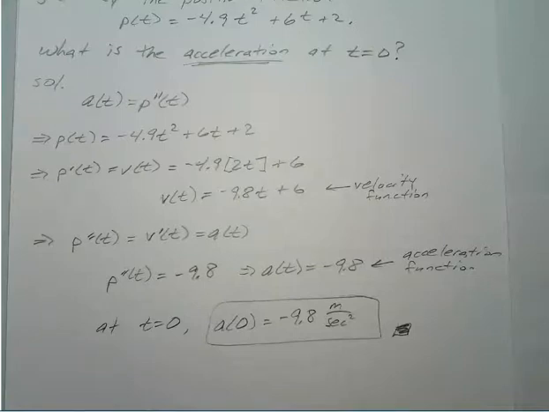So notice for velocity would be meters per second. For acceleration, meters per second squared. If you are still writing, feel free to press pause. But we're going to go ahead and move on to our next example.